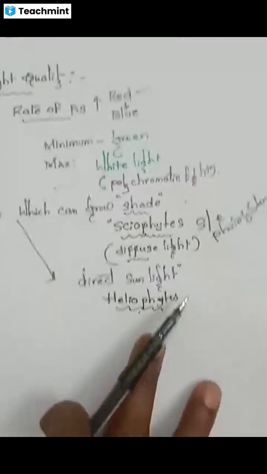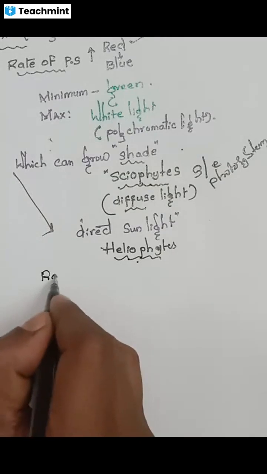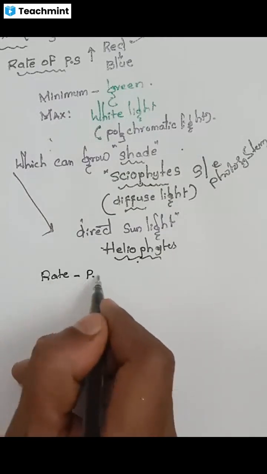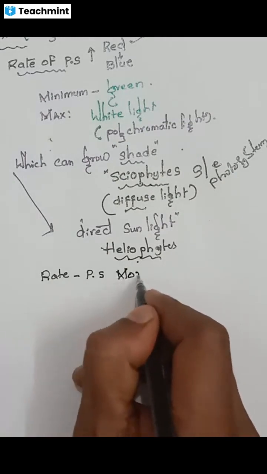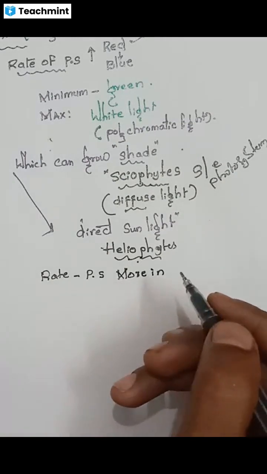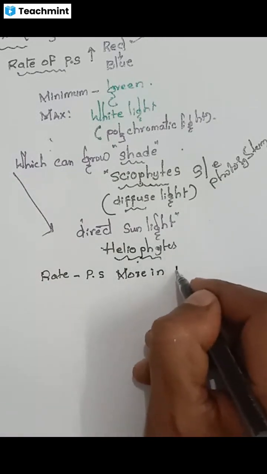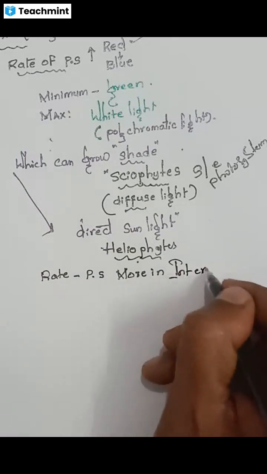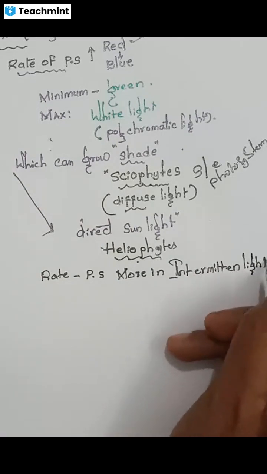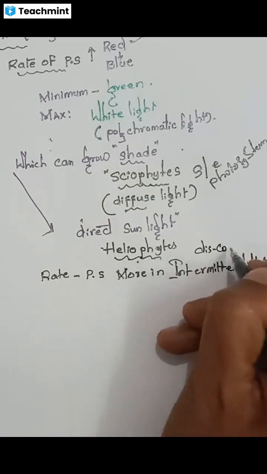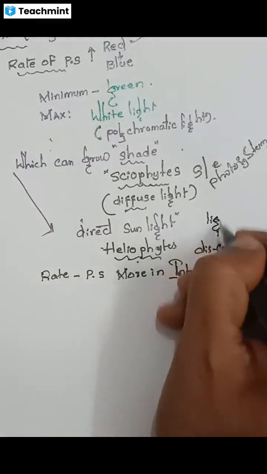So clear. And the final one: the rate of photosynthesis is more in intermittent light. Intermittent means discontinued or light in flashes.